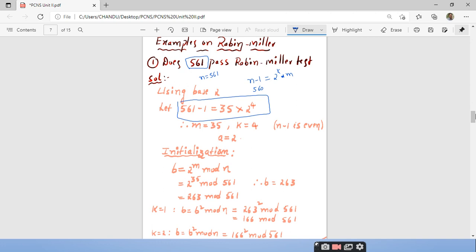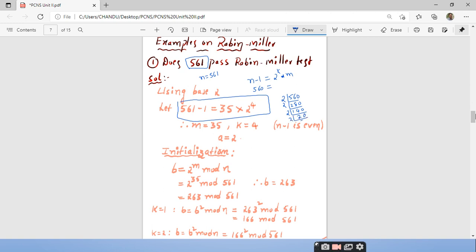It is 560, right? So how can I convert this 560 into 2 power k into m? You divide this 560 by 2. So it is 280. Am I right or not? And again divide by 2. It is 140. And again divide by 2. It is 70.